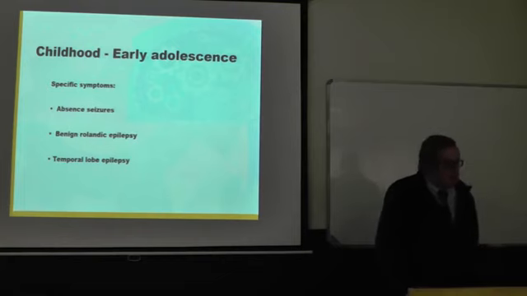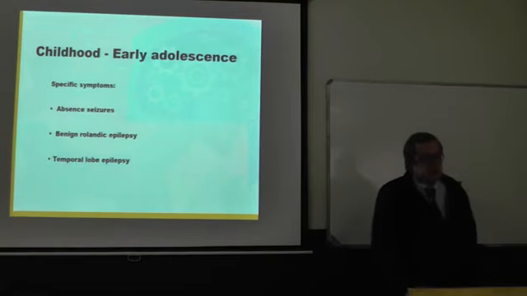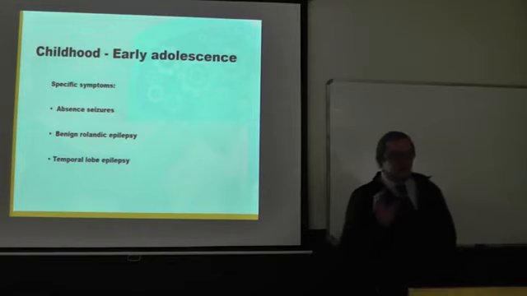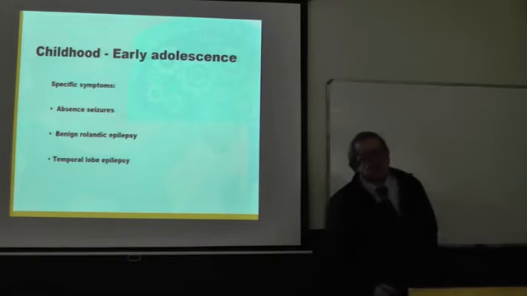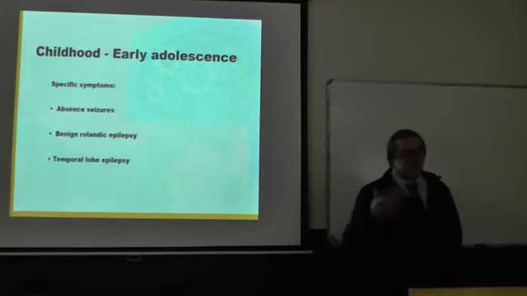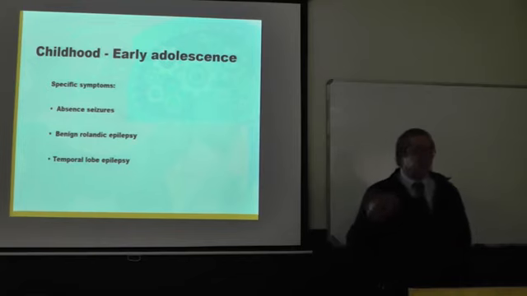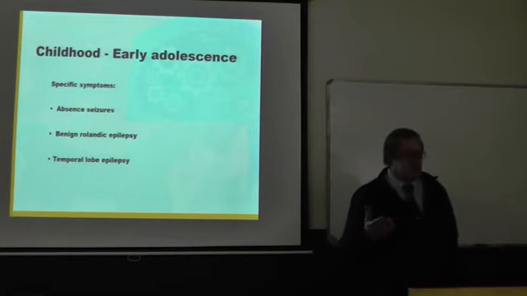In childhood, early adolescence, around 6 to 8 years, is the typical time that absence seizures start, and I'll show you a video of that. They're easy to miss. Teachers often mistake the child with inattentive type attention deficit as having absence seizures.